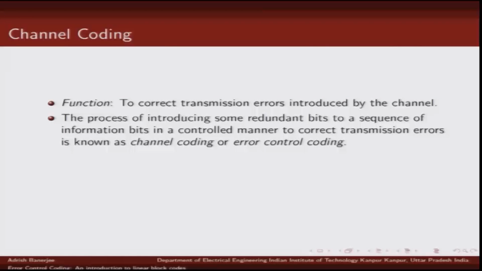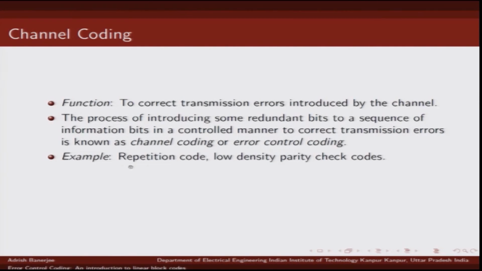This process of adding redundant bits, which we call parity bits, to our message bits is known as channel coding or error control coding, and it is essentially done to detect or correct errors caused by the transmission medium.